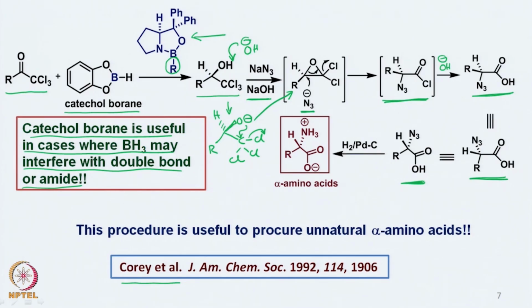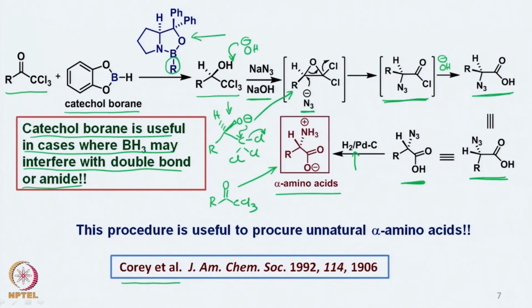and then finally when we do the hydrogenation using a normal palladium catalyst, the hydrogenation leads to alpha amino acids. So this is basically a very convenient and fantastic way of converting a simple ketone of this kind to an alpha amino acid of this type.